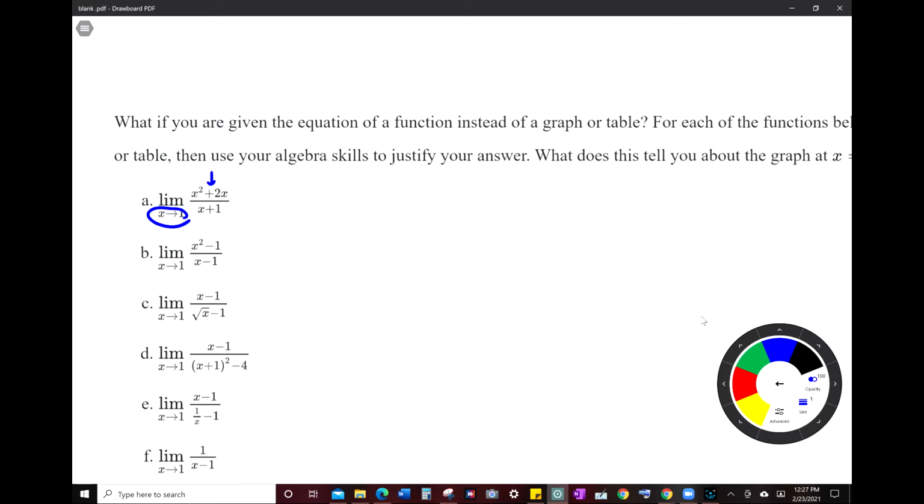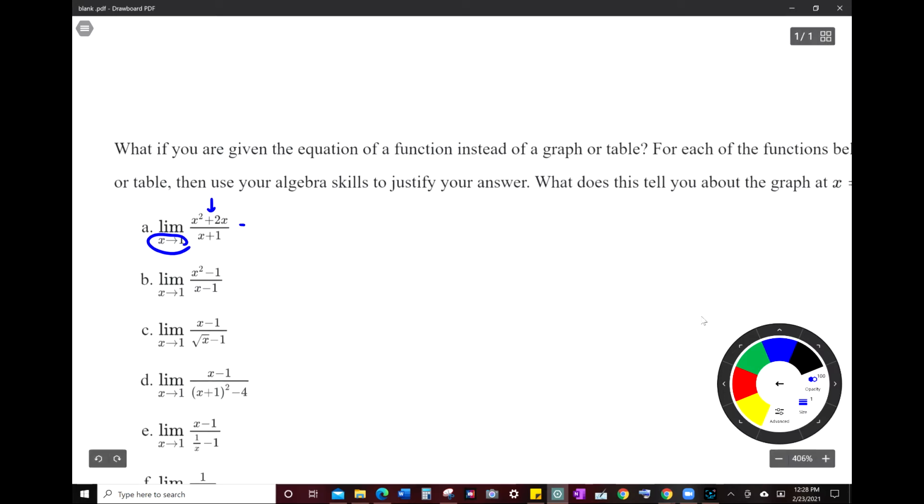That's when you cannot use direct substitution. In this case, if you plug 1 into the x value, it works for both numerator and denominator. Therefore, it is okay to use direct substitution for this problem.